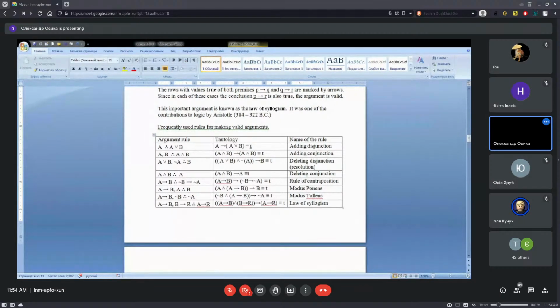It is a tautology. We can make a table. A and B are true when they are true, so this statement, where the premises are connected by and, is also true. Because here it is actually a tautology. A and B implies A and B. Basically, this is what it says. Tautology.